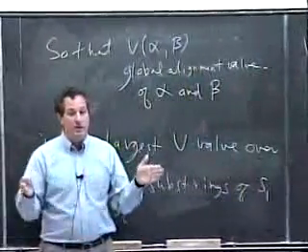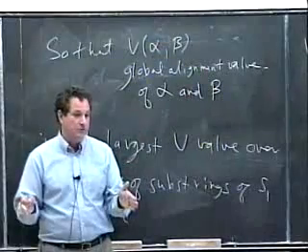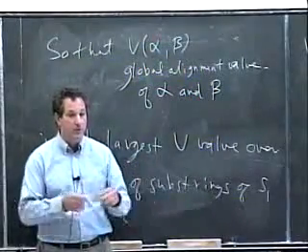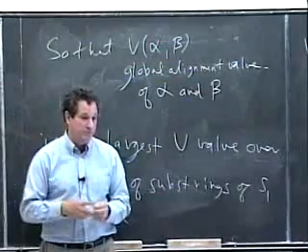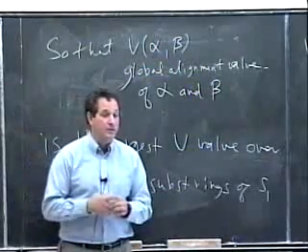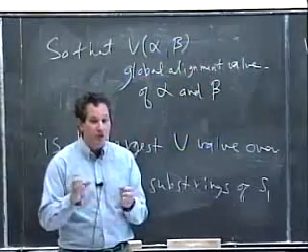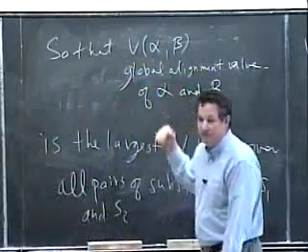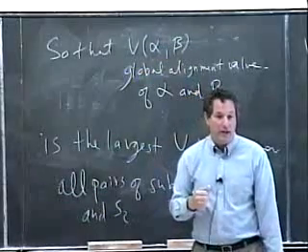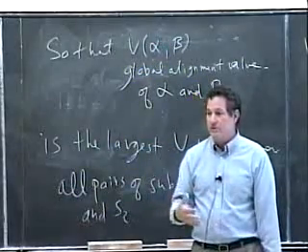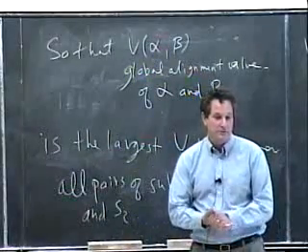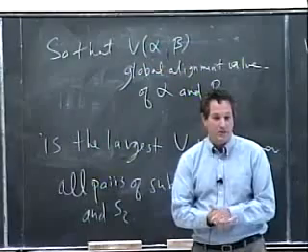The definition says, think of all possible substrings in S1 and all possible substrings in S2 and all possible pairs between them. Then, for each one of those pairs, compute the V value. And the one with the largest V value, that's our guy. Okay? Did that answer your question about lengths?